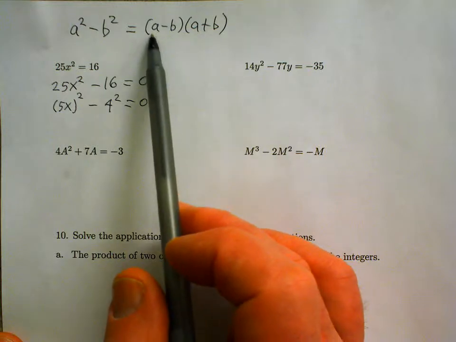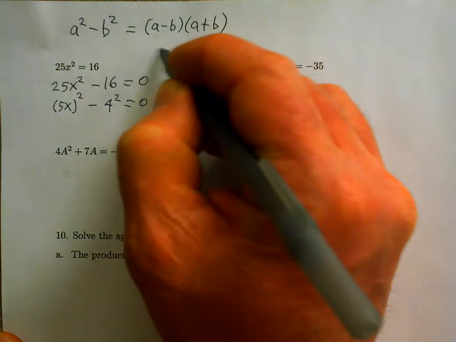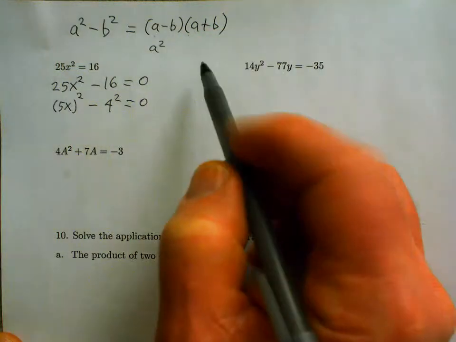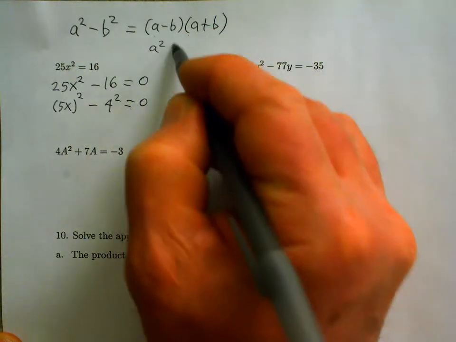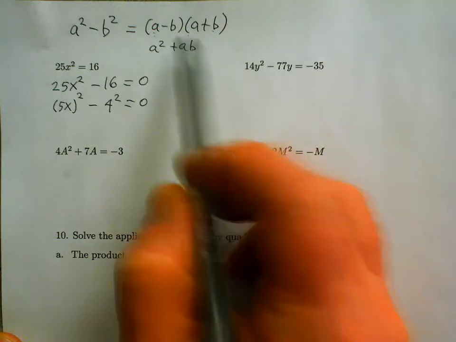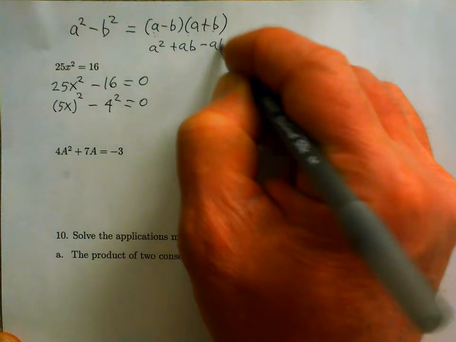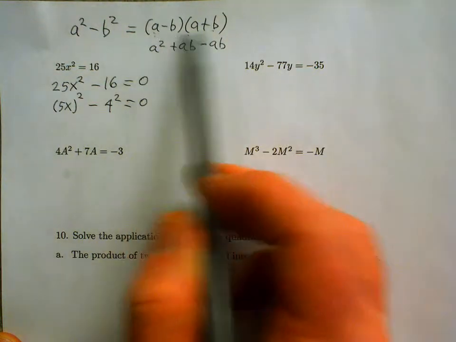So if you multiply a minus b times a plus b, you get a times a is a squared, and then plus a times b, and then minus b times a, which is the same as minus a times b, and then minus b squared.